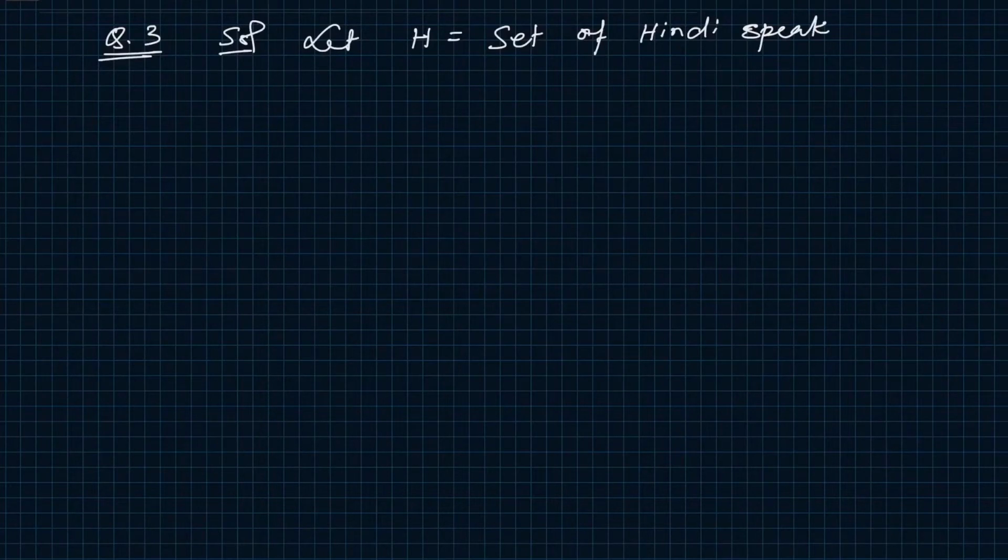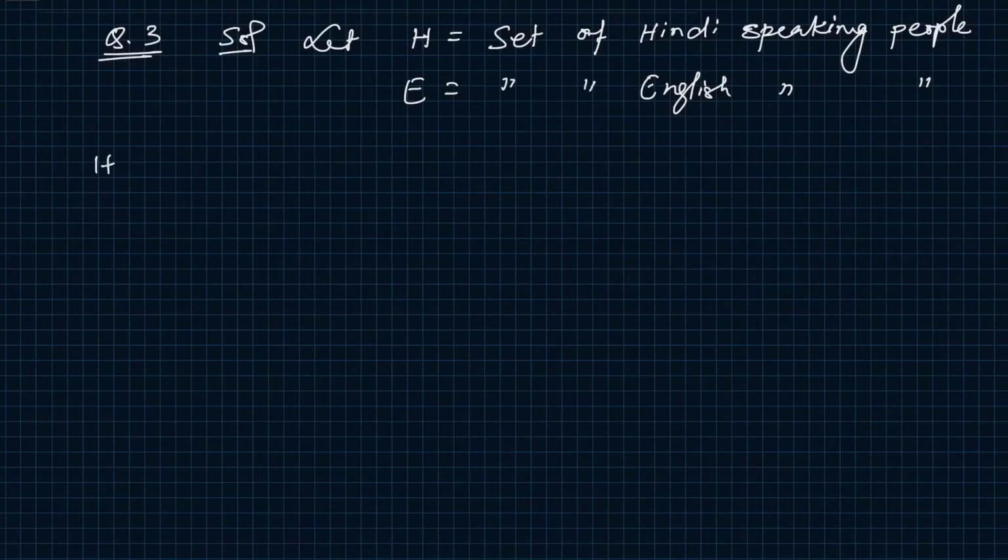So now let us solve question number 3. Let H be the set of Hindi speaking people and E be the set of English speaking people.